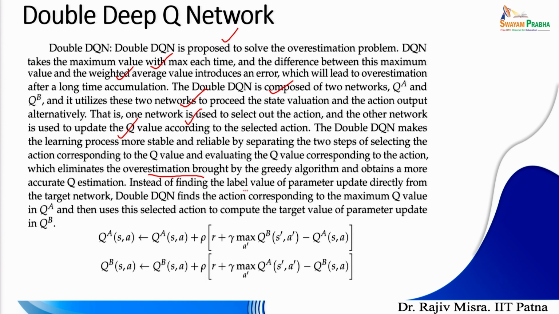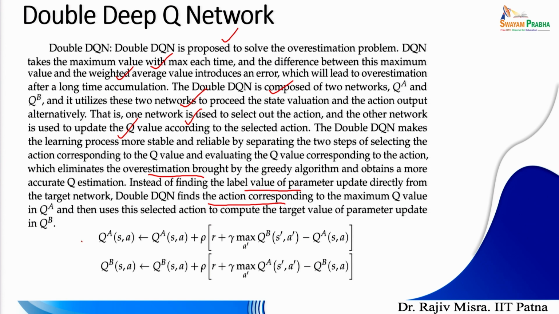Instead of finding the label value for the parameter update directly from the target network, double DQN finds the action corresponding to the maximum Q value in QA and then uses this selected action to compute the target value of the parameter update in QB.